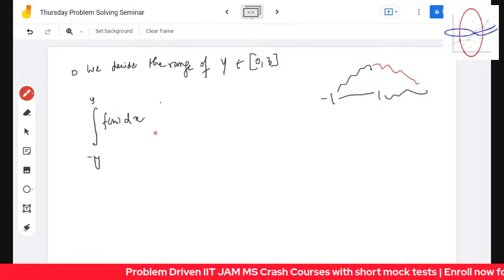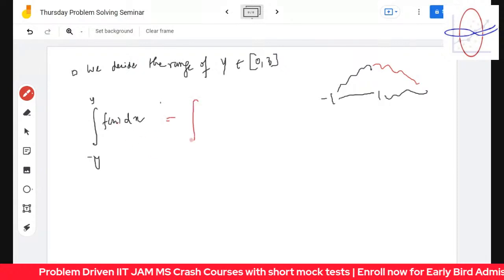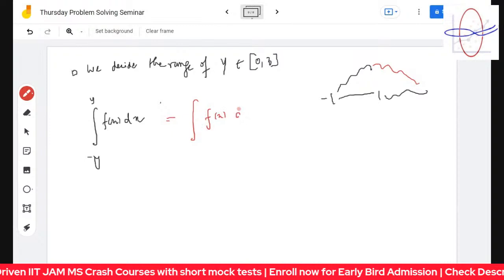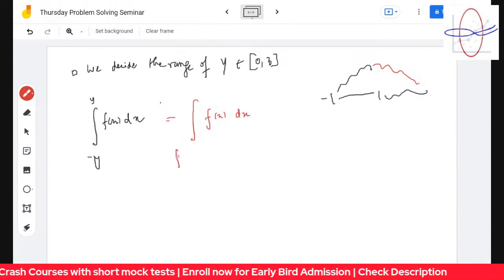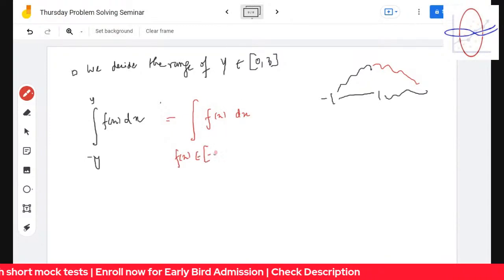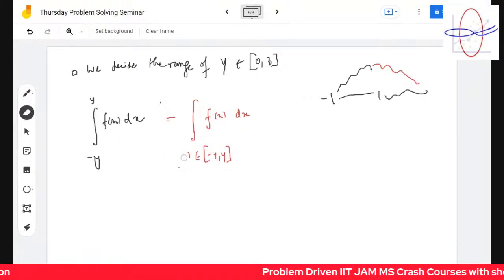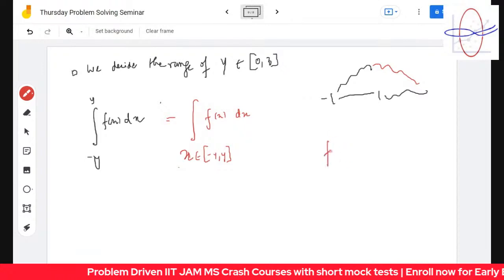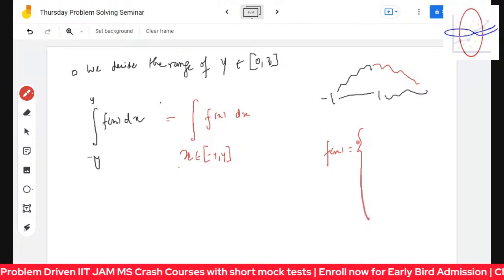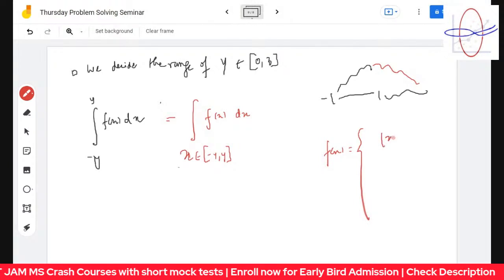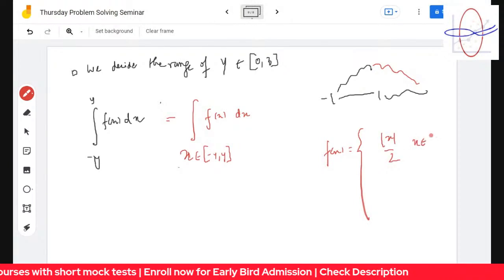So essentially this means you can write it as an integration. Let's do a mental model. x belongs to minus y to y. You can write it also like this, right? This is exactly this integration. Now understand, f(x) is defined as mod x by 2 when x is between minus 1 and 1.